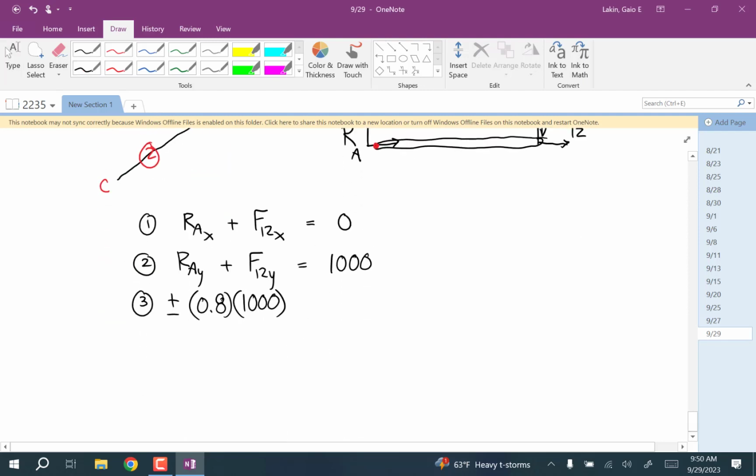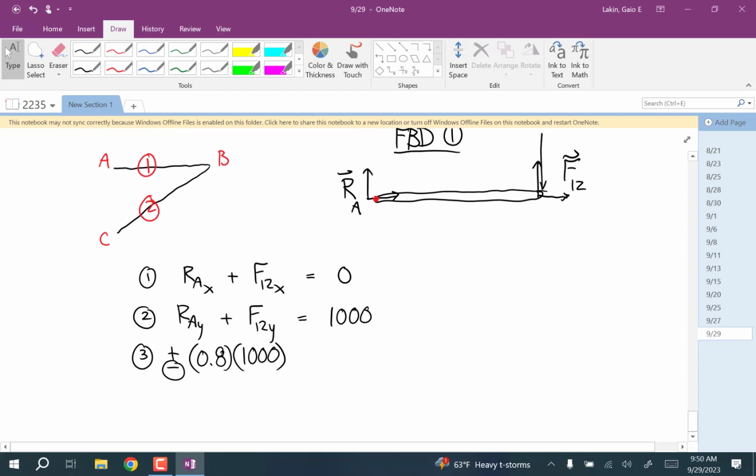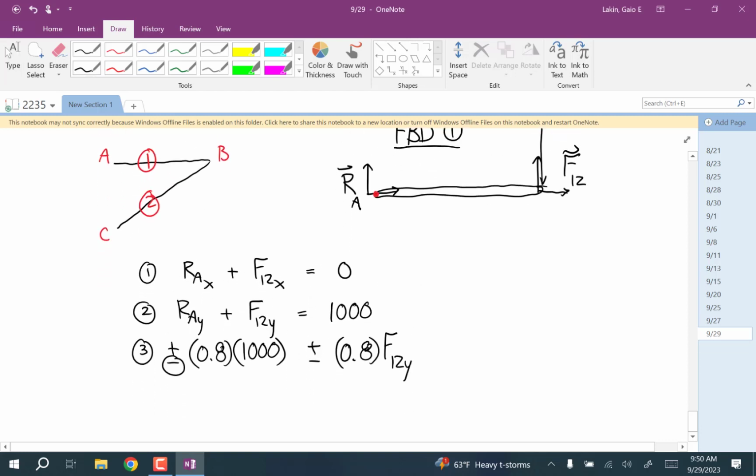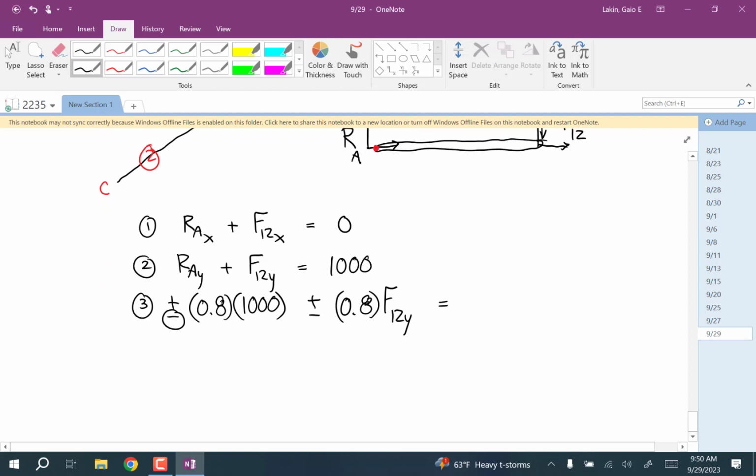Clockwise, so that's negative. And then the horizontal component of F12 isn't going to produce a moment because its line of action goes right through the about point. But the vertical one is. So we have plus or minus, again, a moment arm of 0.8 times F12Y and this is equal to 0.